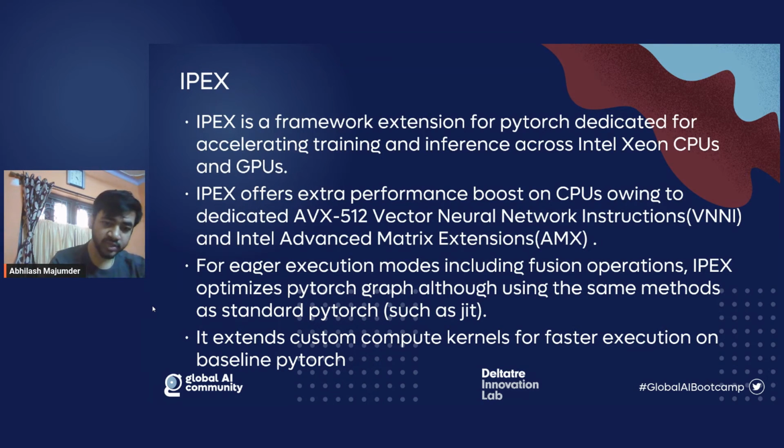That means we use the same code that we use in standard PyTorch, but internally the custom kernel which was written for the PyTorch baseline is now changed to IPEX. It is important to say that PyTorch bindings are CUDA specific. When you write PyTorch code, it has specific CPP bindings to CUDA. So this is Intel's way of optimizing performance when you are iterating not only over your CUDA devices but also your Intel XPU devices.